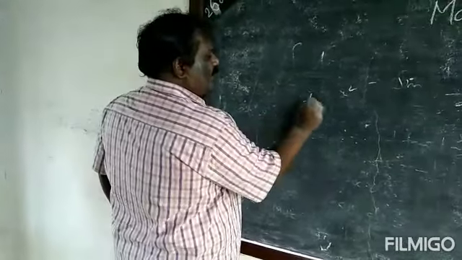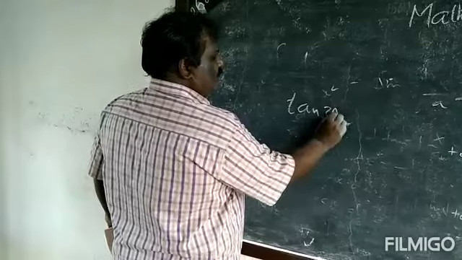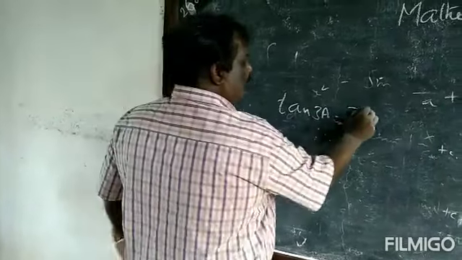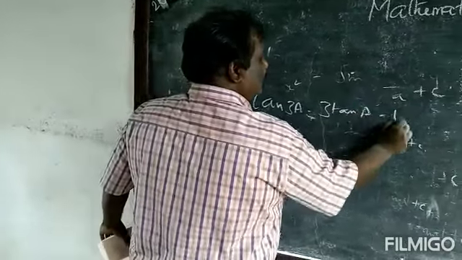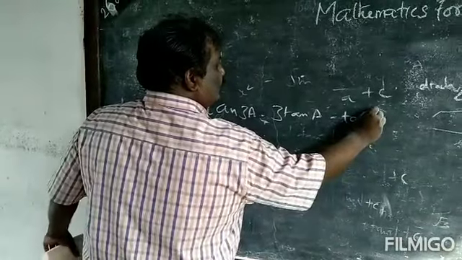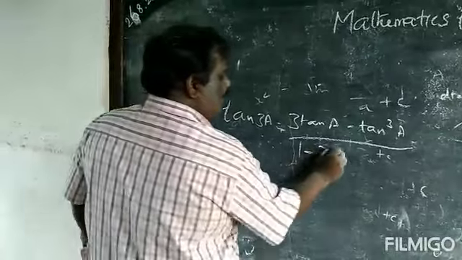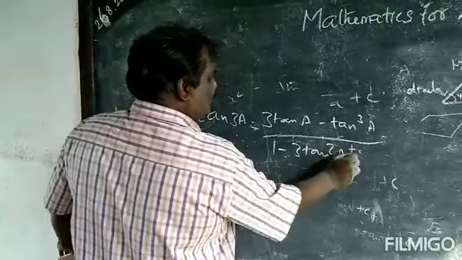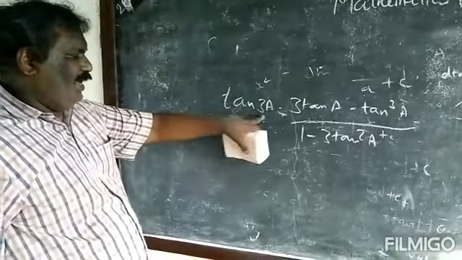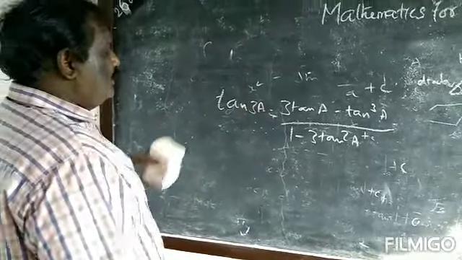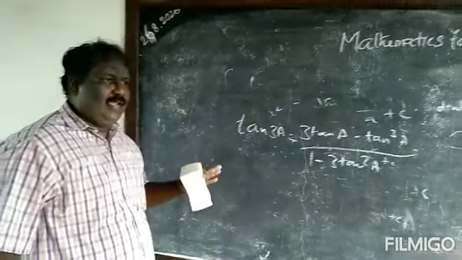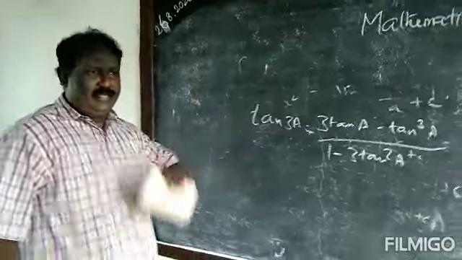For example, tan 3a is equal to (3 tan a minus tan cube a) divided by (1 minus 3 tan square a). This is the most important example under the triple angle identities.